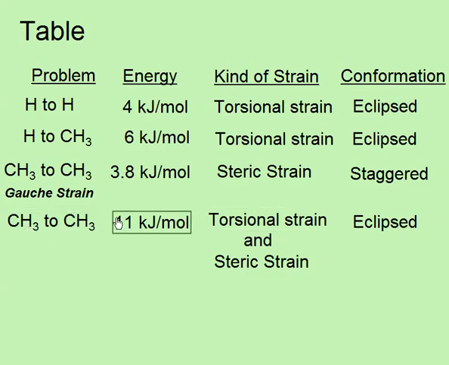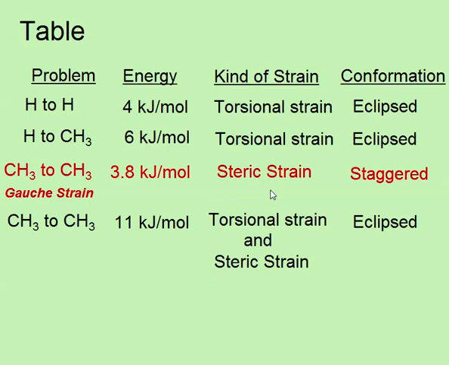And that methyl to methyl is actually a mixture of torsional, because the carbon to carbon bond finds it difficult to twist into this conformation, but there's also steric strain because the atoms are physically entering each other's radius, sitting on top of each other. Our last kind of strain, the gauche strain, is different from the other 3 because we're getting this strain in the staggered conformation, not the eclipse conformation.